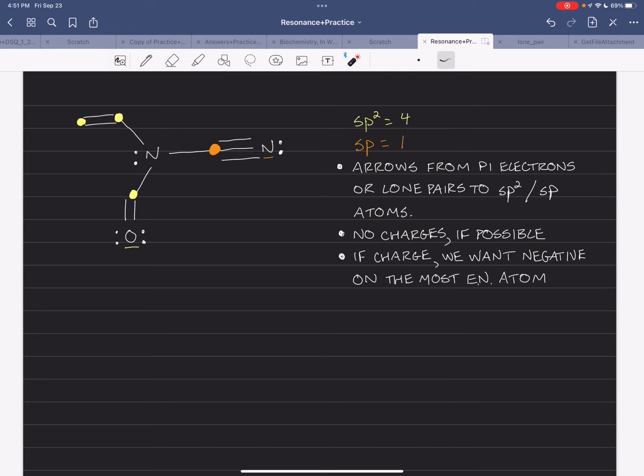Now keep in mind, we have a lone pair here that can go towards this sp2 carbon, but there's already a pi bond here, so it really doesn't make any sense. 4, 3, 2, 1, 0. There is a hydrogen here.